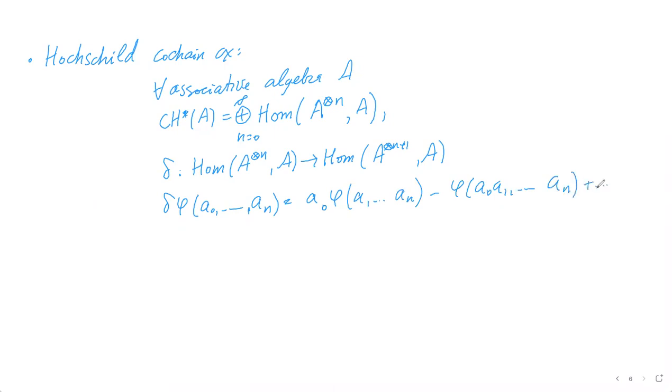And then you repeat it like this, alternating the signs at every step, until eventually you end up with minus 1 to the power, sorry, it's rather n plus 1, phi of a0 through a(n minus 1) times an.